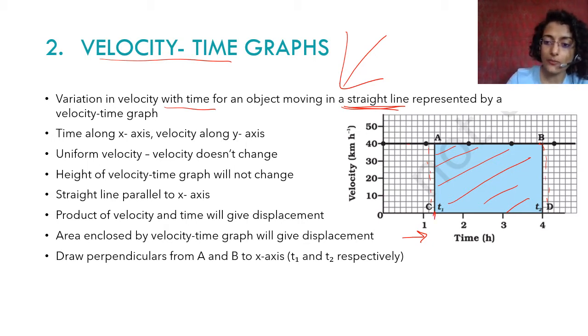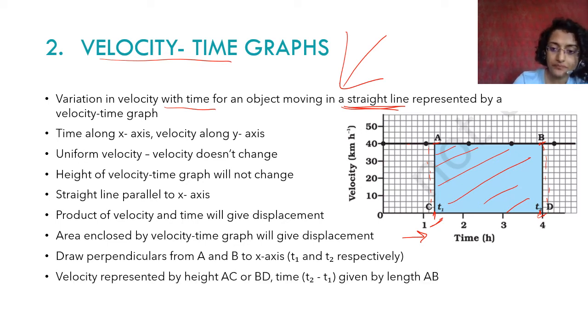These are the time points. So at point T1, with velocity 40 km per hour, it is here at A, and at B again 40 kilometers per hour but at T2. So this is the distance. If you take the area of this entire thing, it will be the distance.